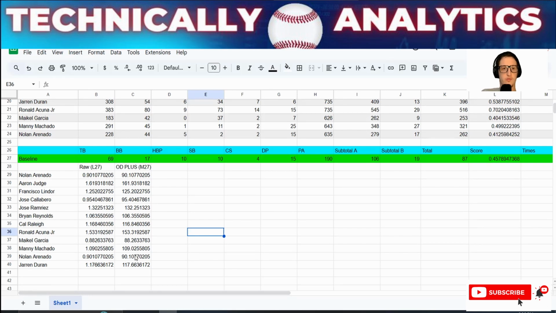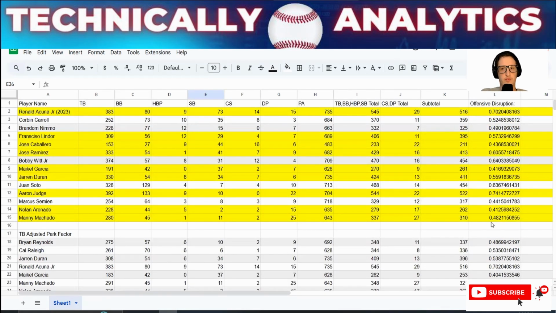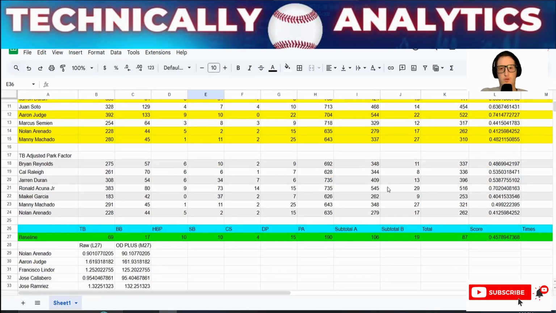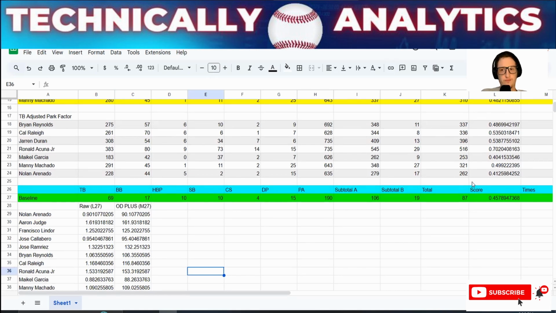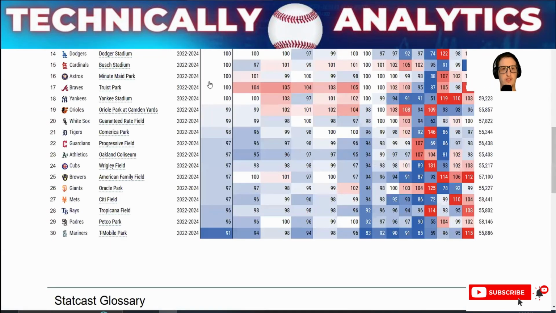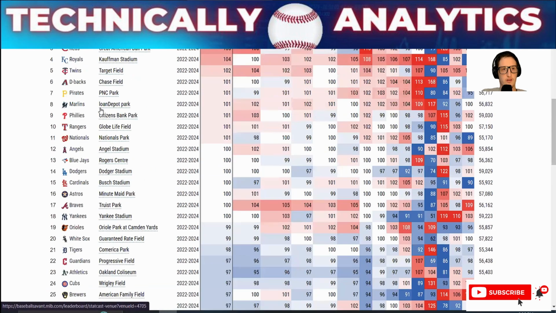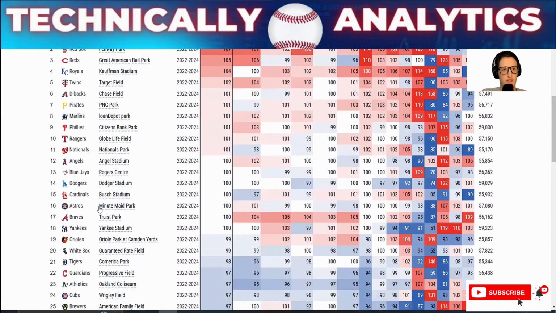but some of them are very similar in score because the stats are similar. Take, for example, Maikel Garcia and Nolan Arenado, 90 for Arenado, 88 for Maikel Garcia. And you can see their originals were pretty similar, 412 and 416. And it kind of works out perfectly. And the park factor for these guys, I don't know that it was that crazily different, because let's see, Cardinals were where? I think Cardinals were average. Yeah, Cardinals were average.